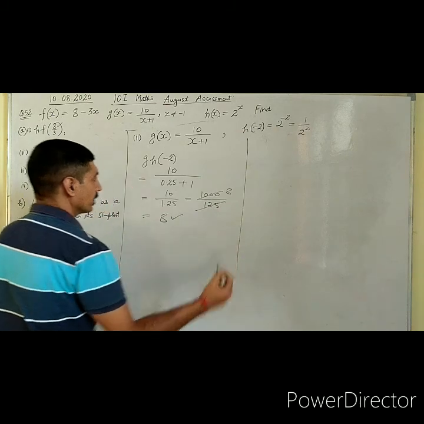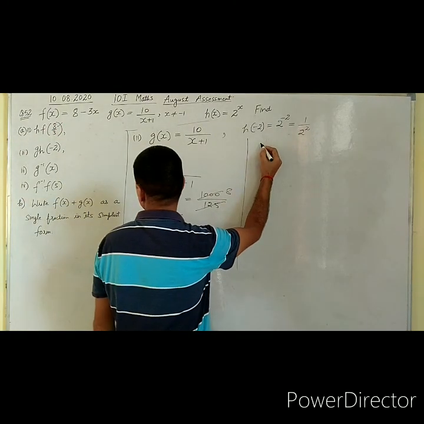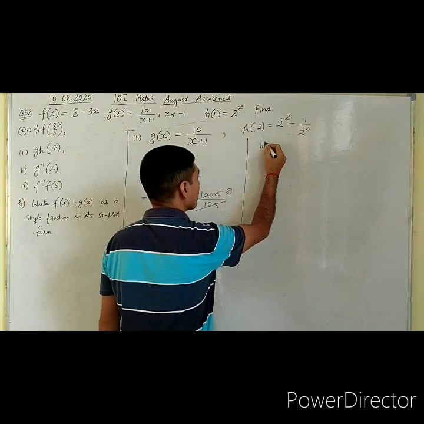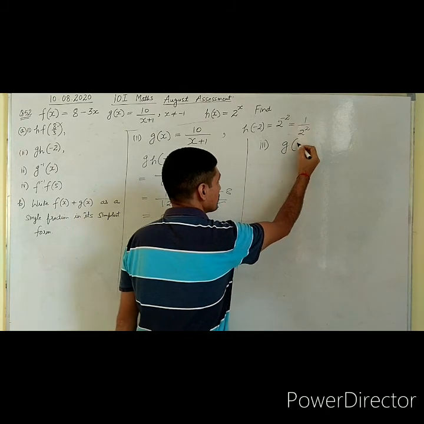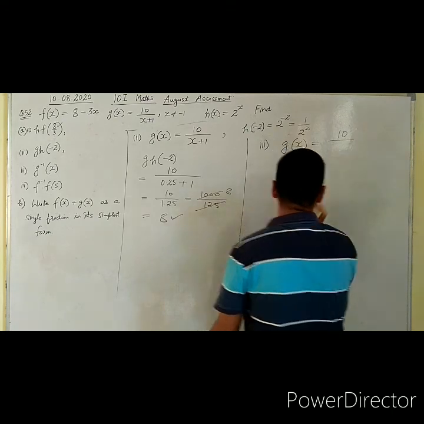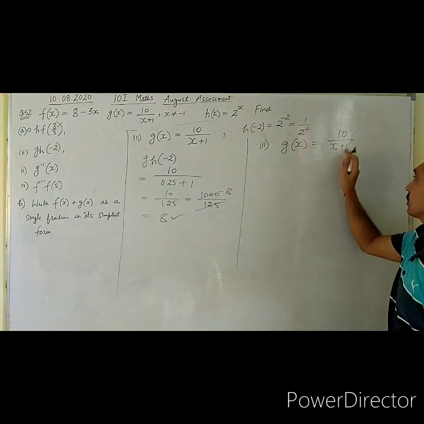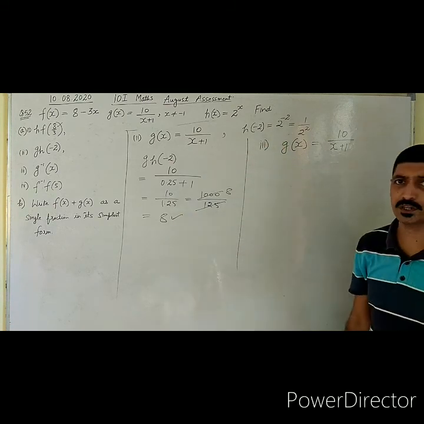Now we have the third part, g inverse of x, the inverse of function g. G of x is 10 upon x plus 1. We know how to find the inverse.